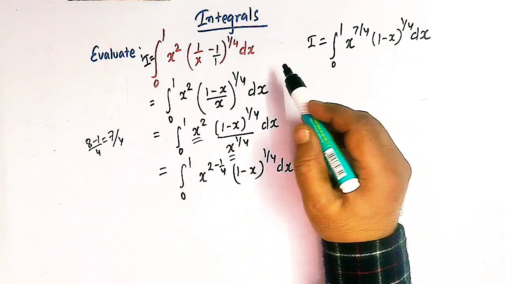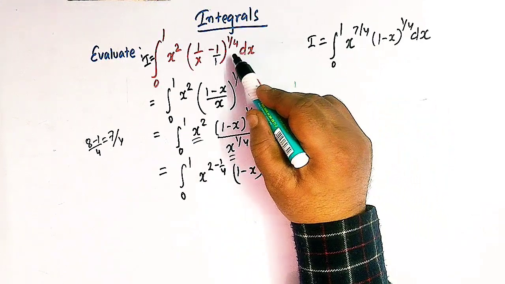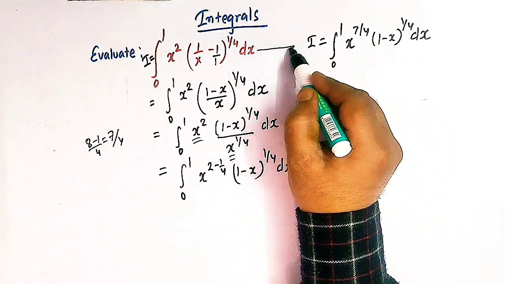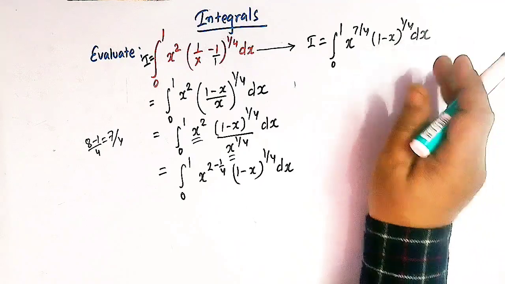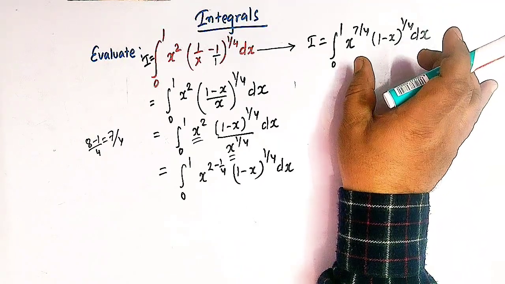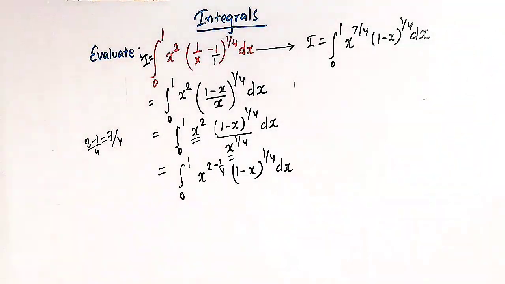So what we have done so far is expressed this integral like this, and now we'll convert this integral into a beta function.